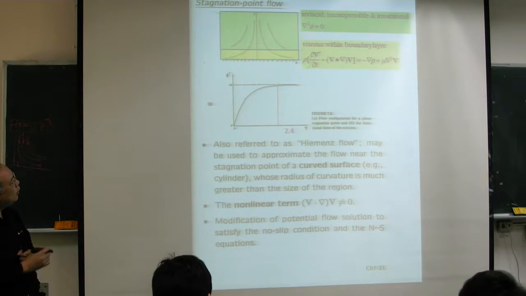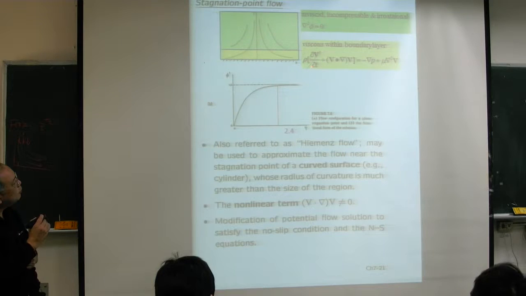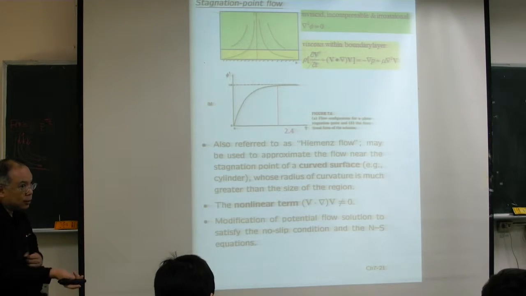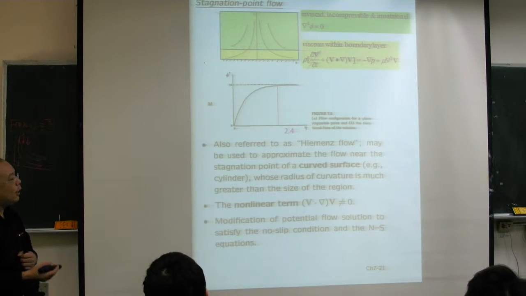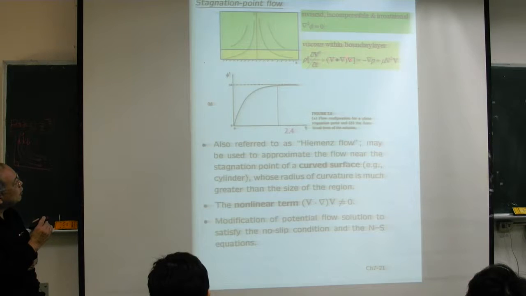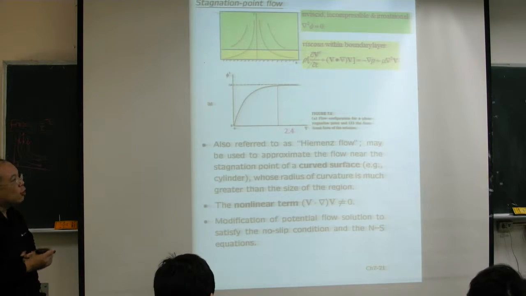As you can see, I neglect this term because it is the unsteady term. This flow is steady state, so we don't have any unsteady term. This is the nonlinear term here, and we have a pressure gradient and a viscous term here. So for our equation, outside the boundary layer, we assume it is a potential flow.